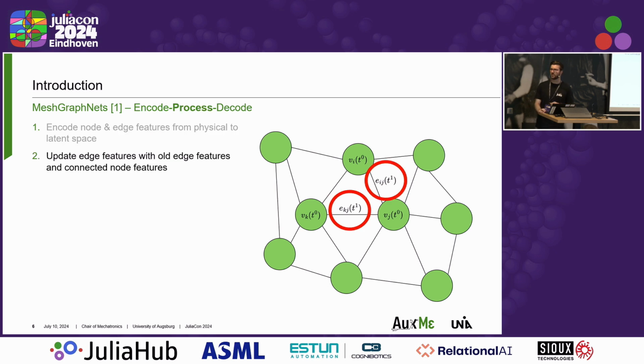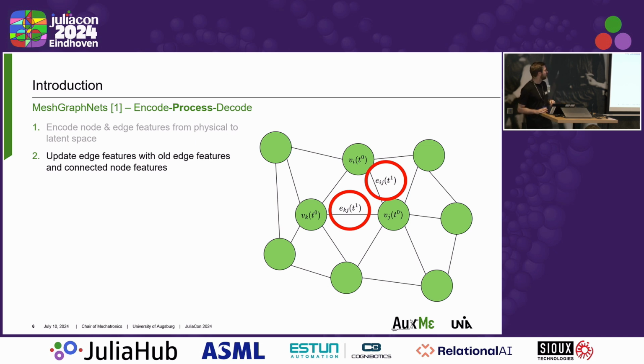Then in the first step, you update these edge features according to their connecting node features. So you just take an edge, you take the nodes that are connected to the edge, and you accumulate these features and push it to a fully connected neural network.